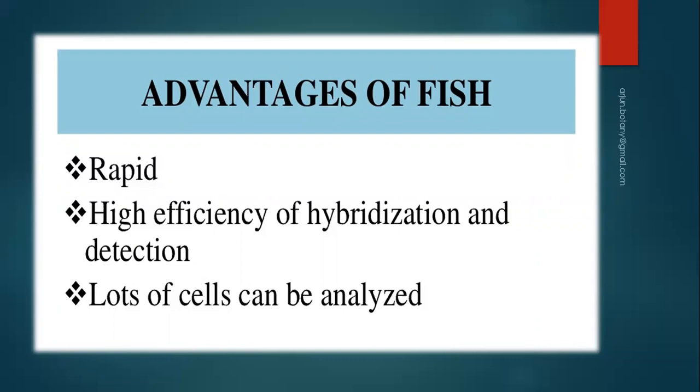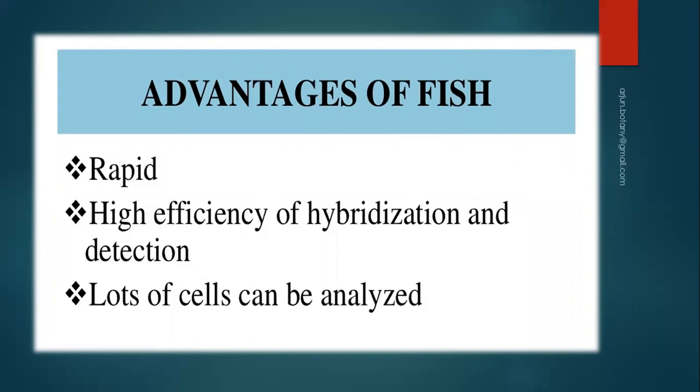That means the FISH technique is routinely used in chromosome painting for identification and location of specific sequences. Next is efficiency. FISH has high efficiency for detection: first hybridization, next detection, and next location. When we achieve significant hybridization, it can detect the specific sequence, and after that it locates the specific DNA sequence.